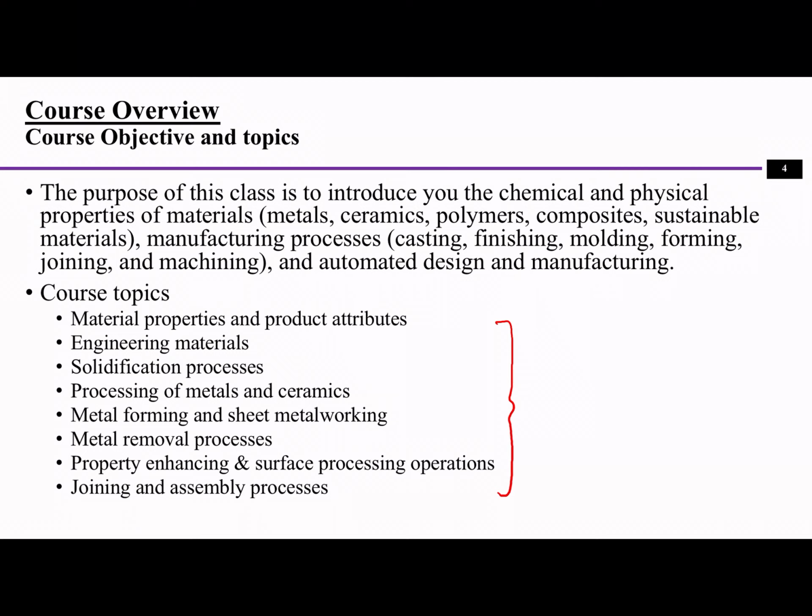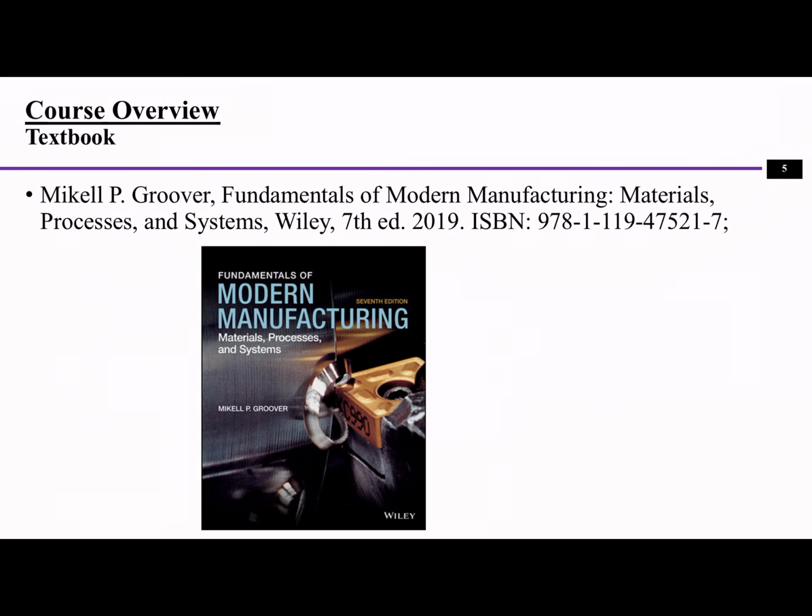And property enhancing and surface finishing operations related to how you deal with the surface of produced products or parts, as well as how you enhance the properties of the materials. And lastly, we're going to talk about joining, for example, the welding process, and also mechanical assembly, and what are the different ways of assembly in products.